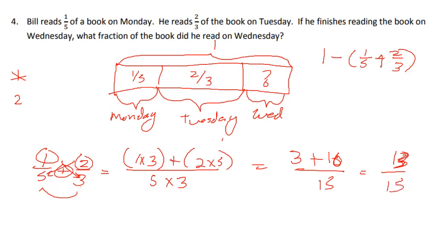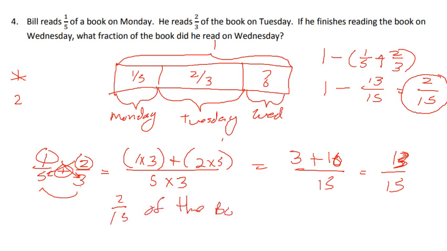So now we can plug this in, 1 minus 13/15, and we know this is going to be 2/15. So 2/15 of the book was read on Wednesday.